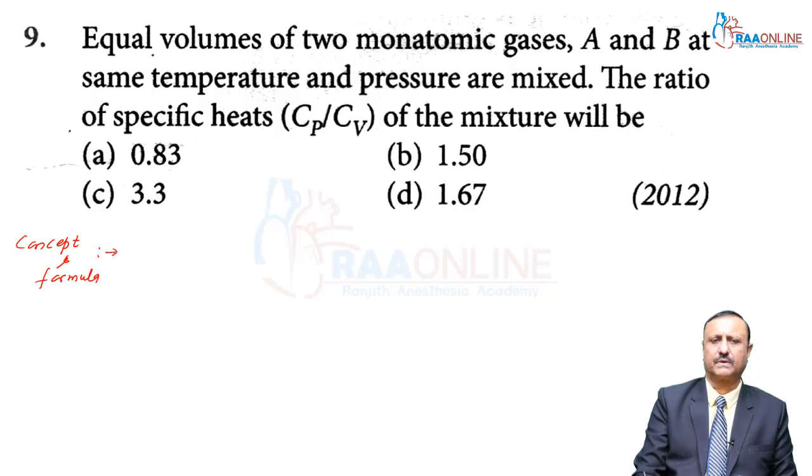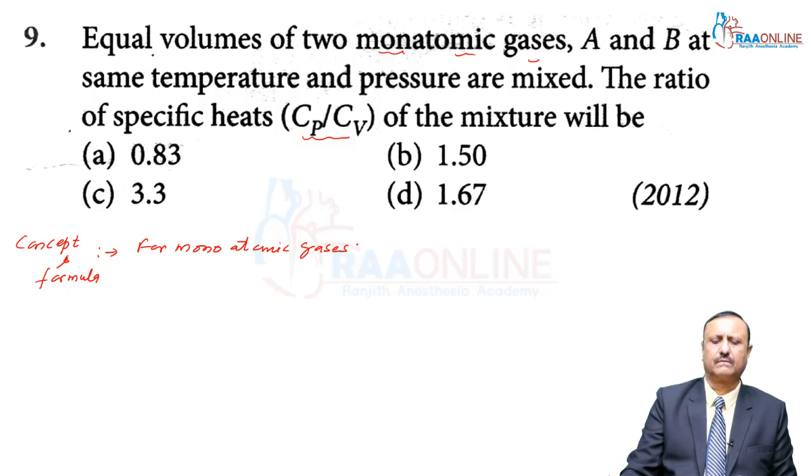What is the concept of this question and what is the formula? Here monoatomic gases are given, my dear students, and he wants the Cp upon Cv ratio for monoatomic gases.